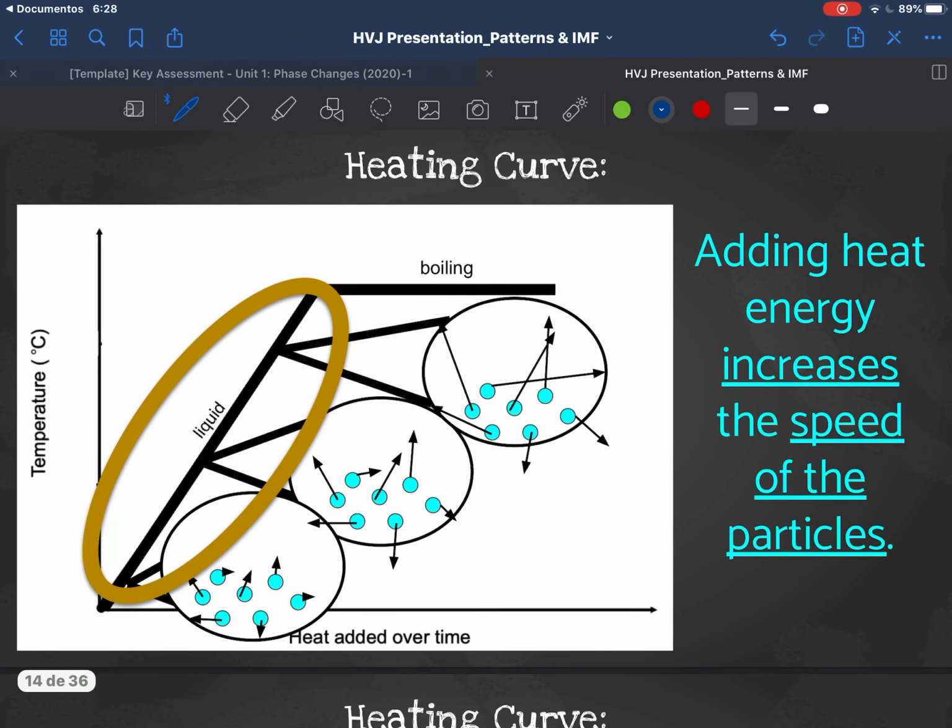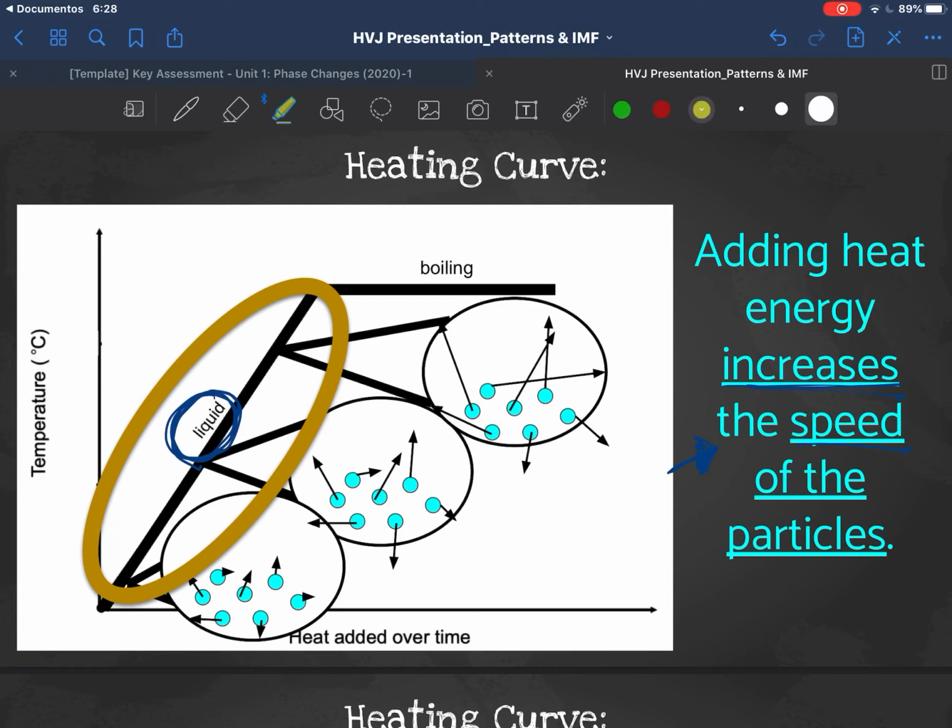So we know that if you're in one single phase, adding heat energy increases the speed of the particles. This is what's happening as time goes on, as heat is added, as the temperature increases in one single phase. So here I'm just in liquid. Adding heat energy is increasing the speed of the particles. It's not doing anything to IMF. It's not making the particles more spread out.